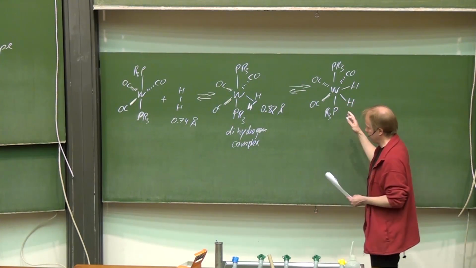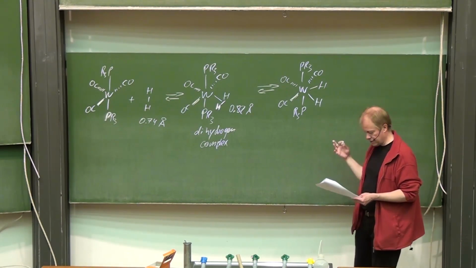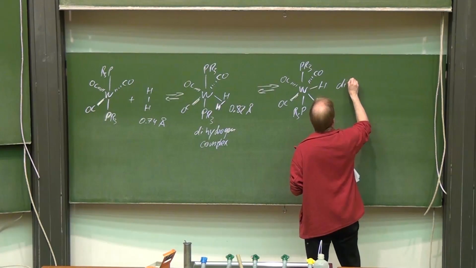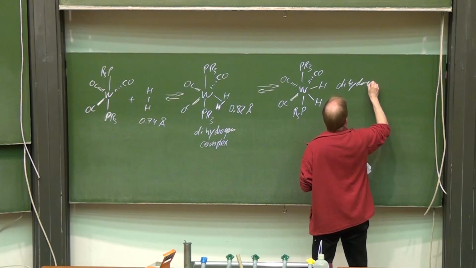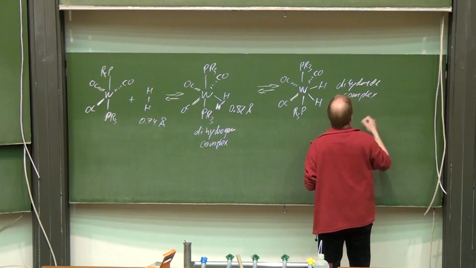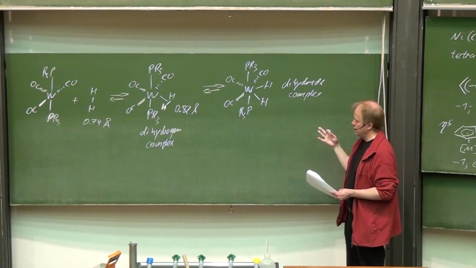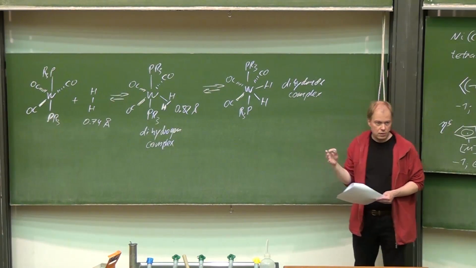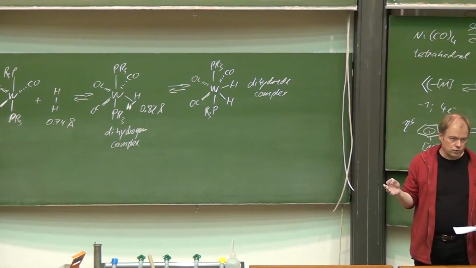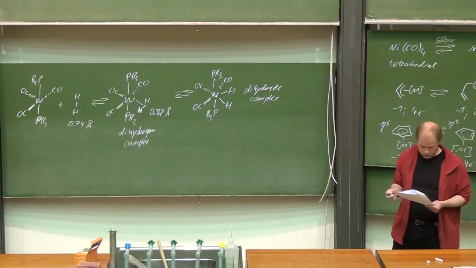However, this is then not a dihydrogen complex anymore, but a dihydride complex. And it should be clear for everyone that these equilibriums are important for hydrogenation reactions under homogeneous catalytic conditions.